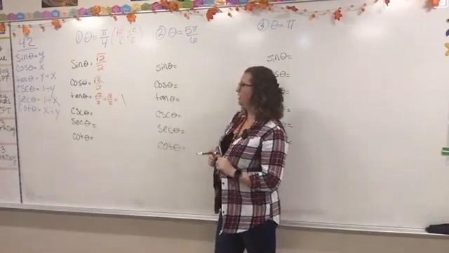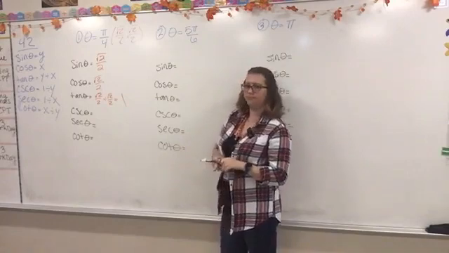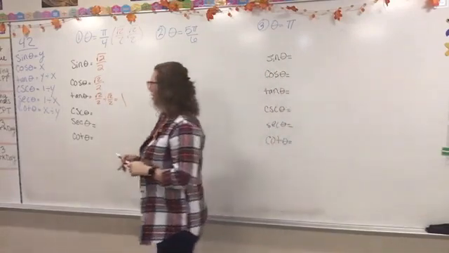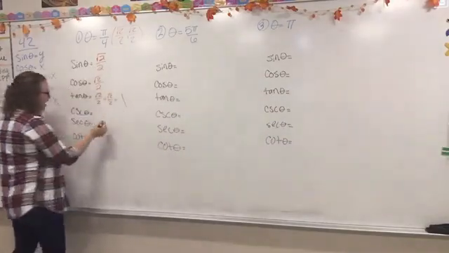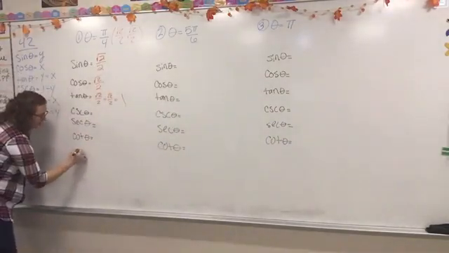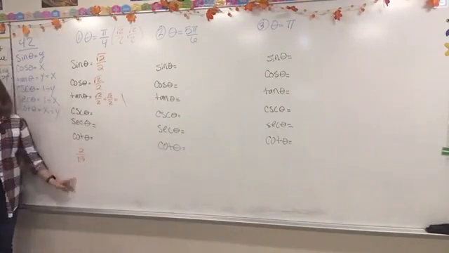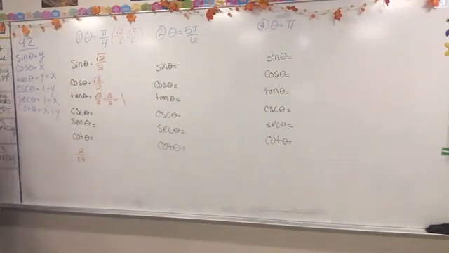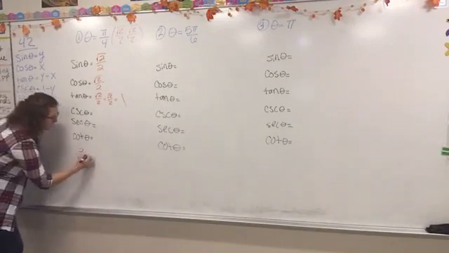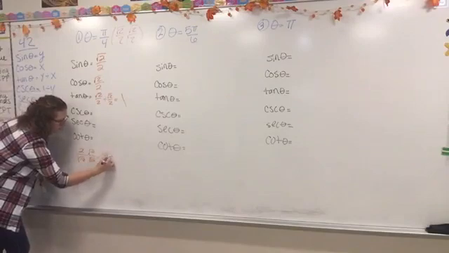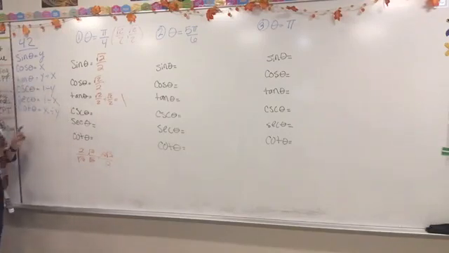Okay, cosecant. What is cosecant? I have to flip, right? I'm going to flip it down here. 2 over the square root of 2. How does 2 over root 2 flip? Like, what do I have to do now? Rationalize. So I end up with 2 root 2 over 2.